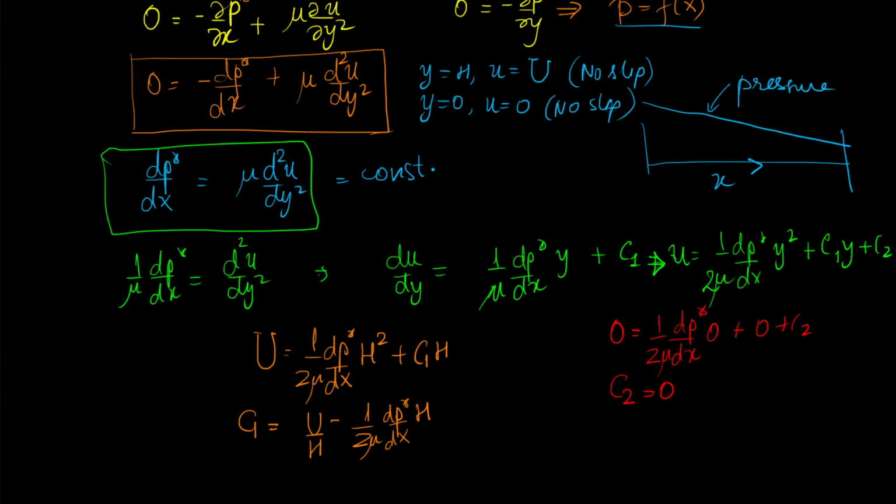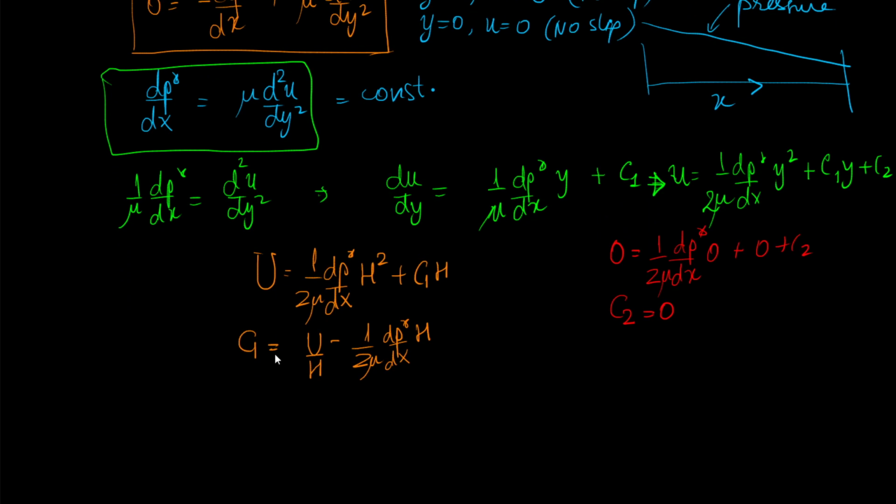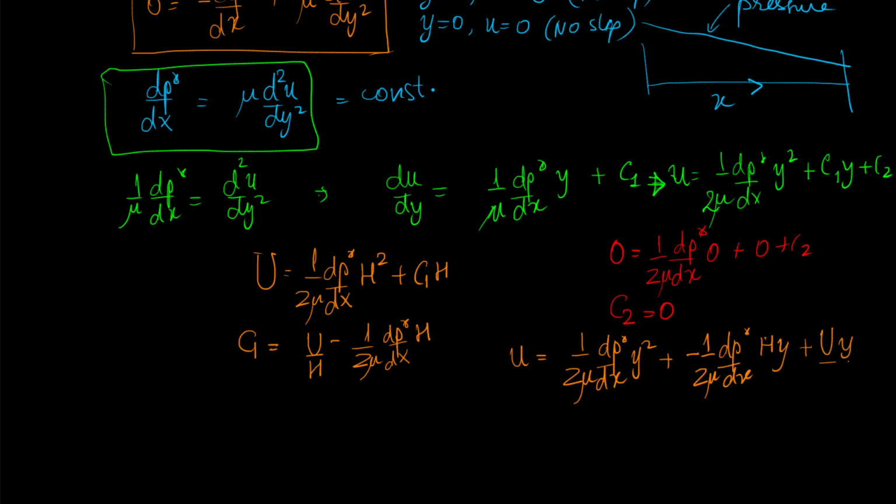So now we can substitute this constant in the function and find an expression for the velocity. So it becomes 1 upon 2 mu dp star upon dx y square plus c1y. c1y means this times y, so it is minus 1 upon 2 mu dp star dx hy, and this other term plus U y upon h.